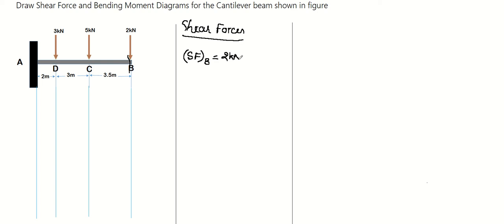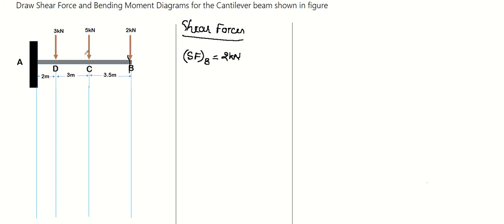I have told you a simple trick to remember that. Whenever it is a shear force, think about gravitational force. Gravitational force always acts downwards. If the force is acting downwards, it is in the way of gravitational force, so take it as positive. So shear force at B is 2 kilonewton positive, because it is towards the earth.